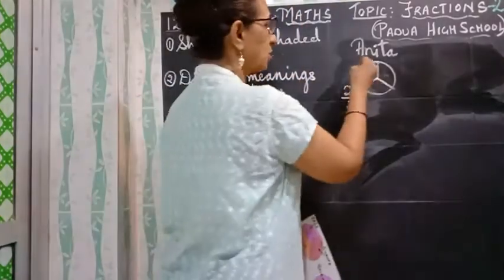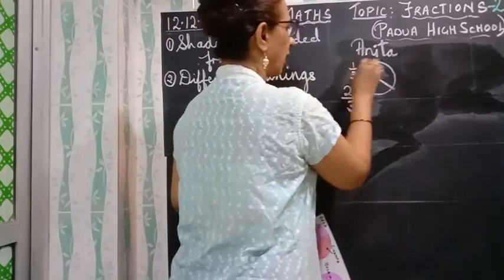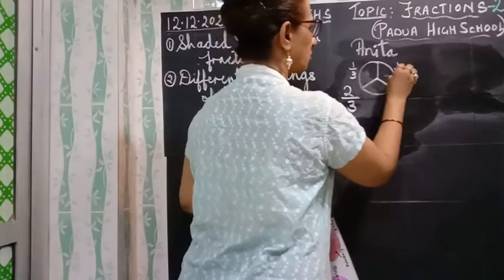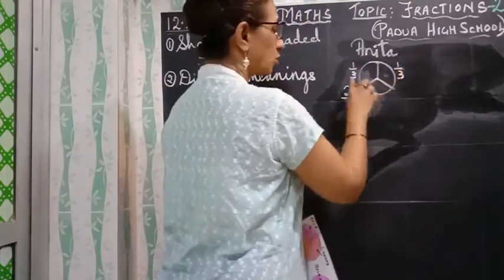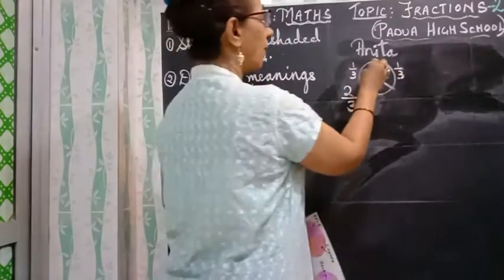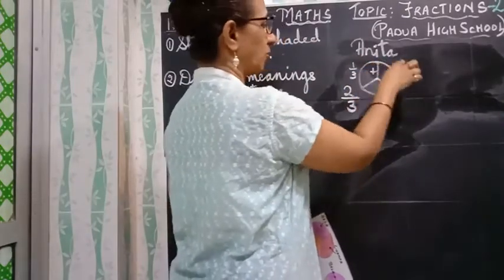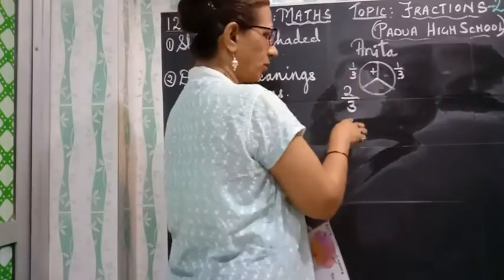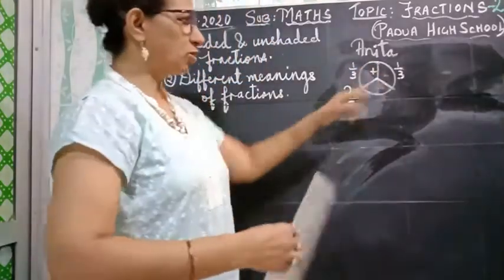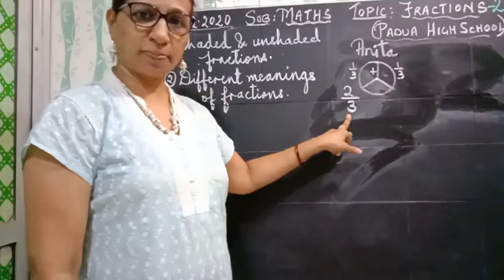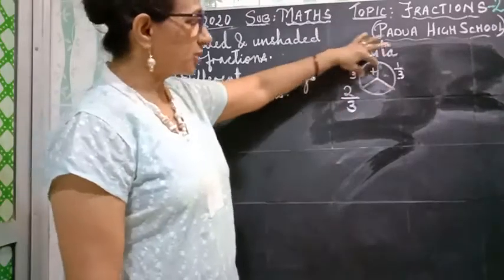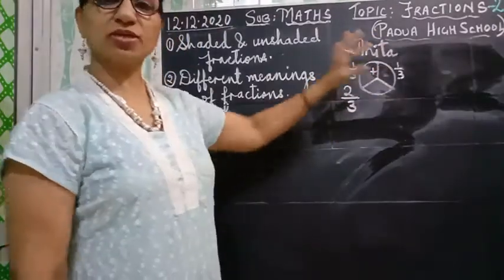This is 1 upon 3 and this is 1 upon 3. So when you add 1/3 plus 1/3, what do you get? 1 plus 1, 2, upon 3. The denominator is equal, so it will stay the same. Have you understood? So she has eaten 2/3 of this chapati.